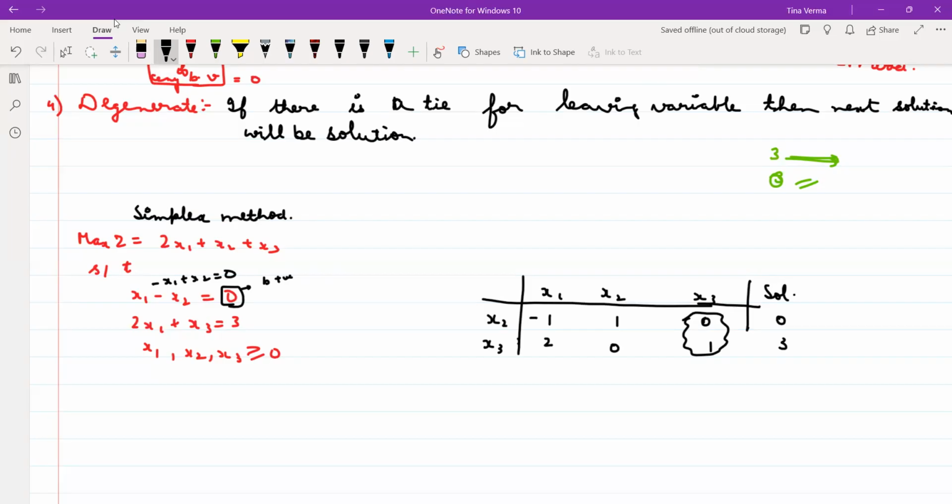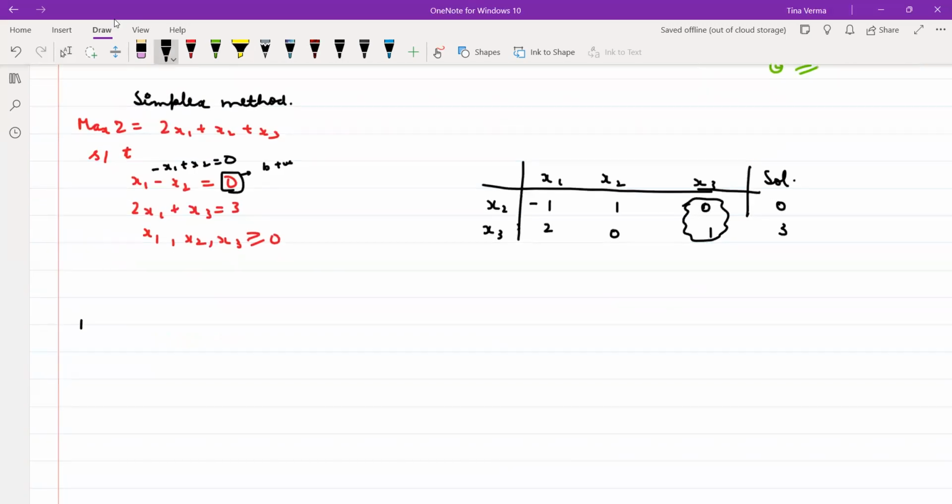In the same way, you can take the next case: maximize z, that is 2x1 plus x2 plus 2x3, subject to x1 minus 3x2 equal to 0 and 2x1 plus 5x3 equal to 3.